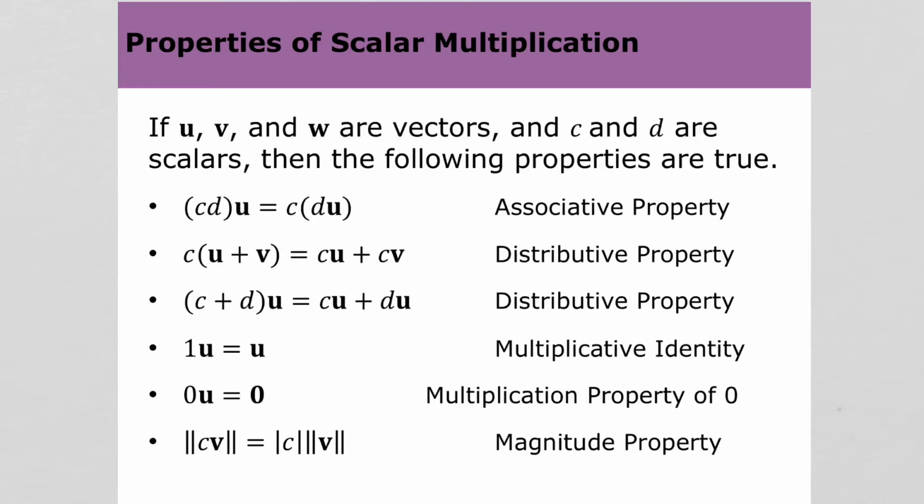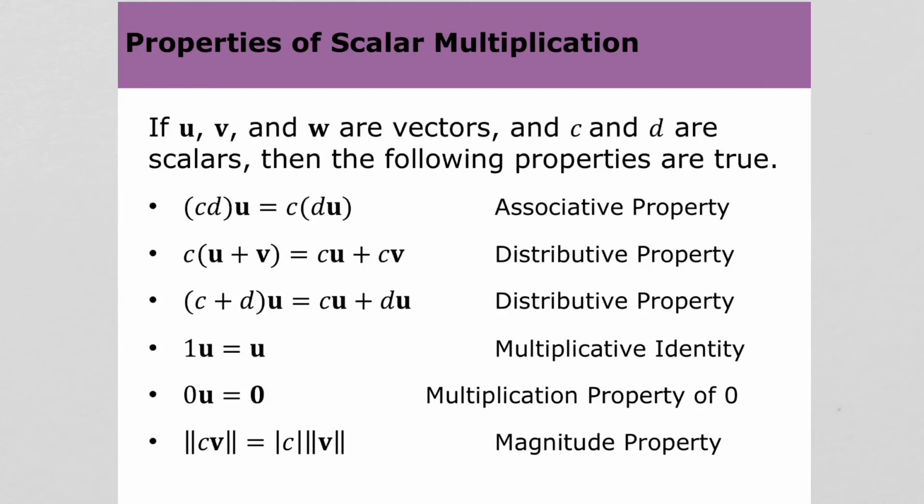The distributive property holds. c times u plus v would be cu plus cv. And c plus d, if you've got two scalars and multiplying by one vector, would be the same as cu plus du. 1 is still the multiplicative identity. If you multiply by 1, you get back the same thing. If you multiply by 0, you get 0.